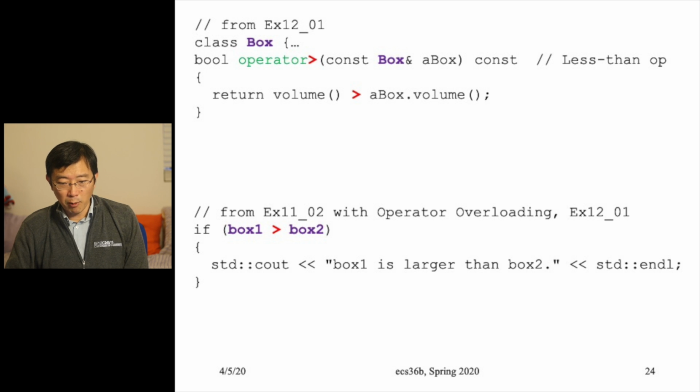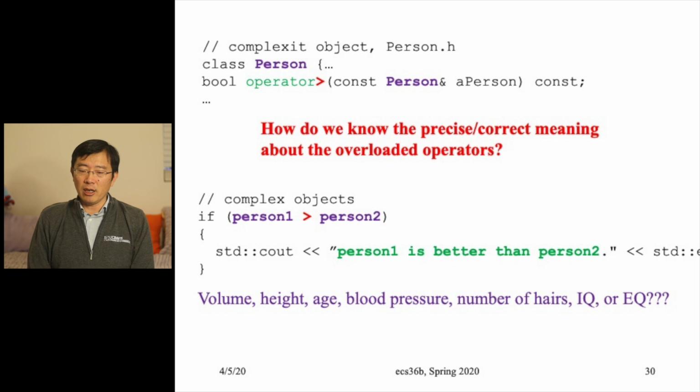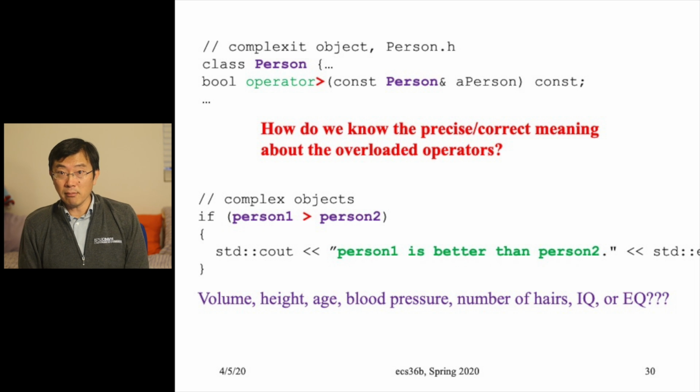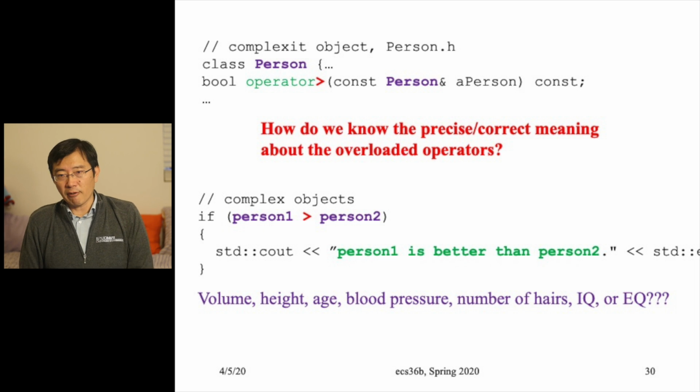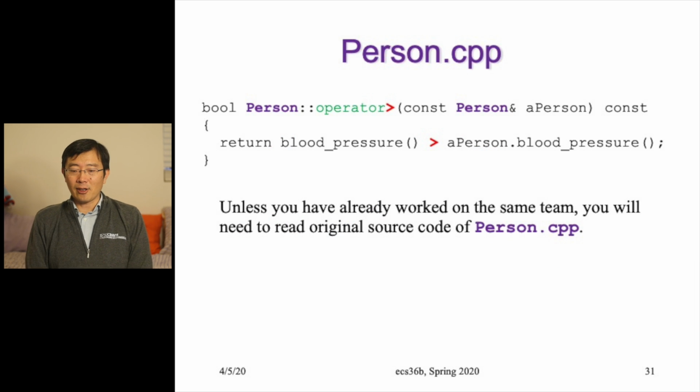You have a class Person, and it has a Boolean operator greater than, with an argument which is a reference to an object, and const, semicolon. So it means that I only give you the interface. I didn't tell you the details. So you wouldn't know unless you look at the person.cpp, which now I show you.